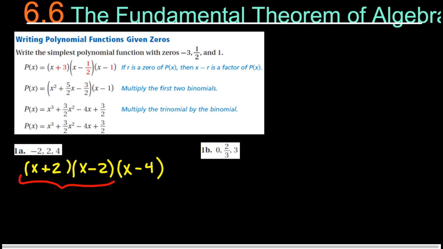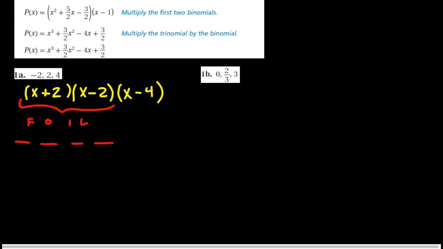FOIL, right? Which I don't like. You ever heard of FOIL? Not really. Yeah, it's an acronym, FOIL. It's kind of dumb, but it's a little acronym to remember how to multiply two binomials.